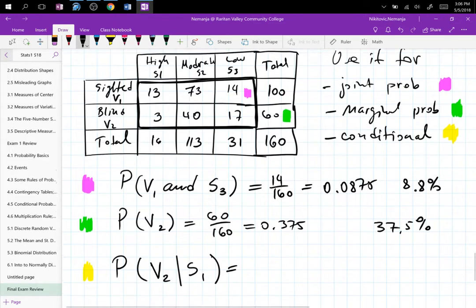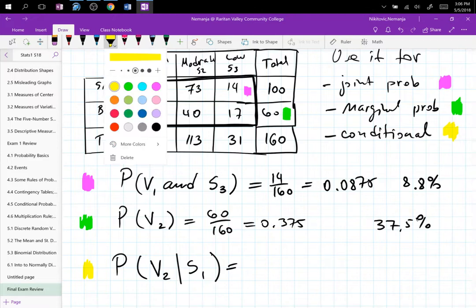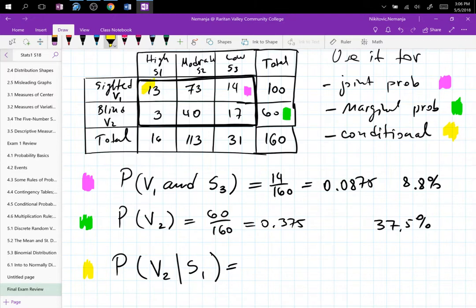Now, remember what I said, given S1. S1 is either the row or the column that gets highlighted and nothing else exists. So now I have to highlight S1. S1 is this one. Nothing else exists.